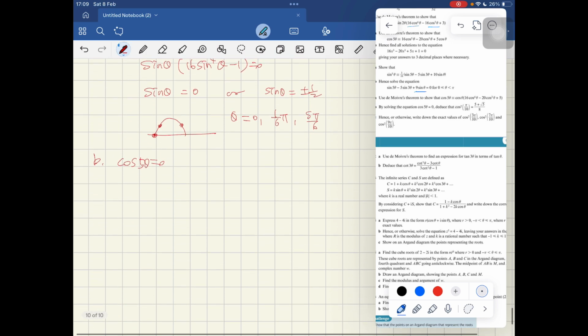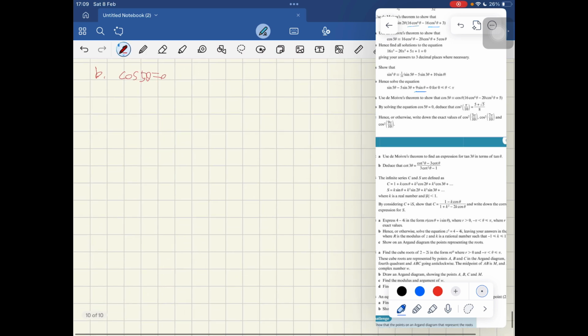No, it was negative 1. So 5 theta can be here and here: pi over 2, 3 pi over 2, 5 pi over 2, 7 pi over 2, 9 pi over 2, and so on.